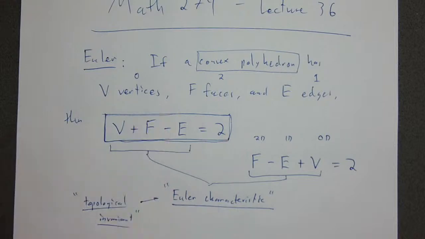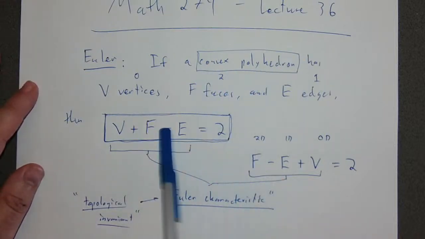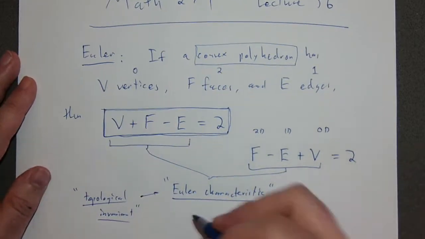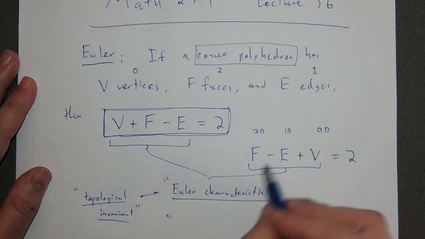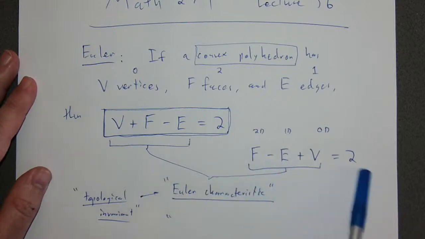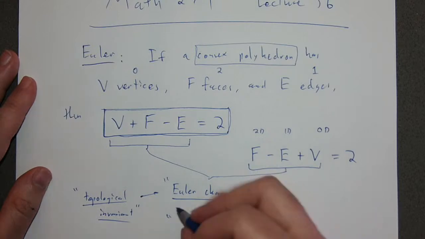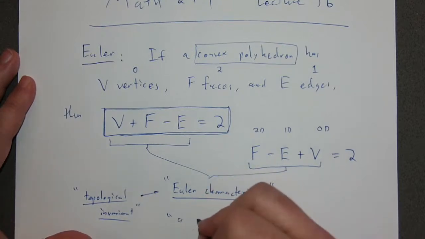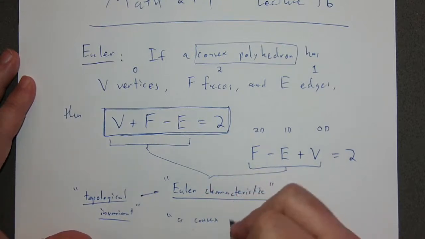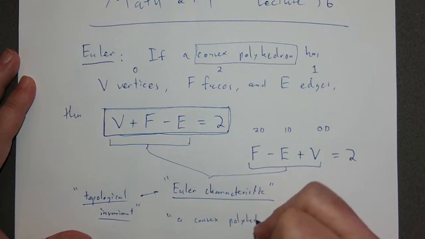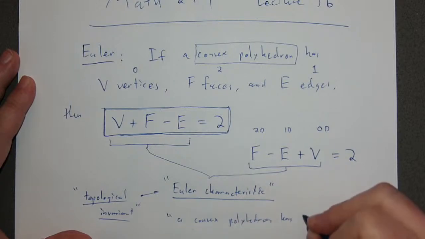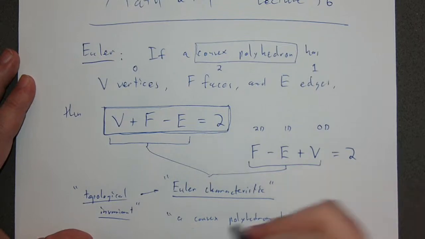So if I recast the statement in terms of the Euler characteristic, the statement that faces minus edges plus vertices is always equal to 2 is the statement that a convex polyhedron has Euler characteristic 2.